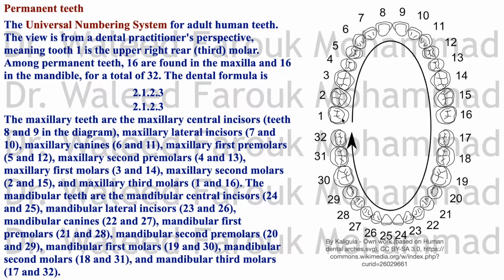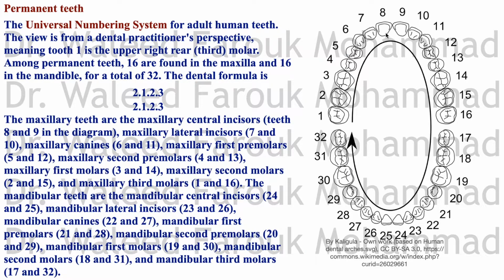Starting with tooth number 1, which is the right upper third molar, you go to the left side till number 16. That's all the upper jaw. Then you begin with the lower left third molar as 17 and go to the right until 32. This is the lower jaw. So 16 above and 16 below, that's 32, and this is the order you count the teeth.